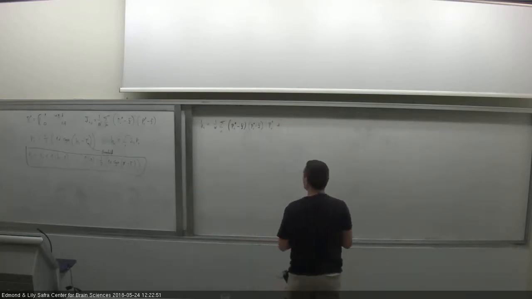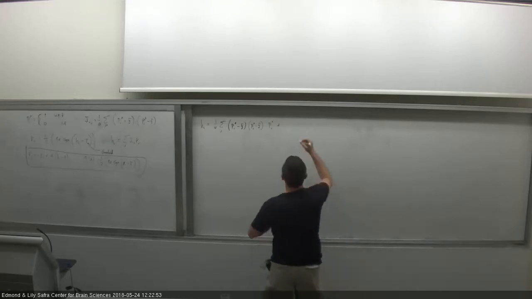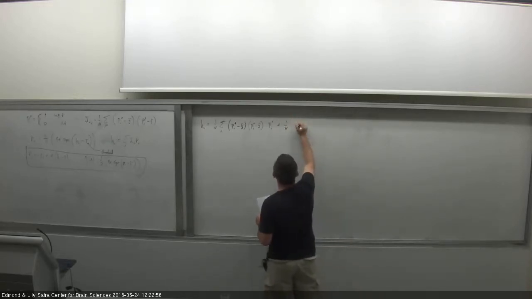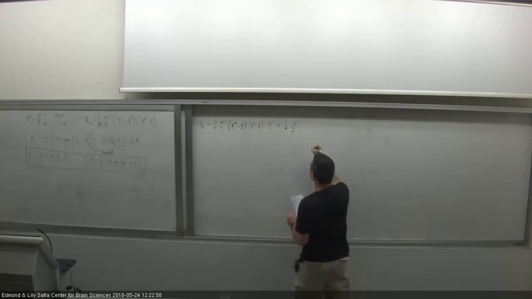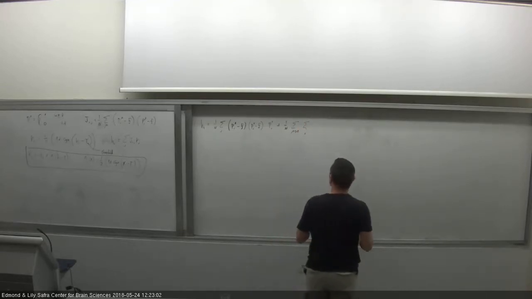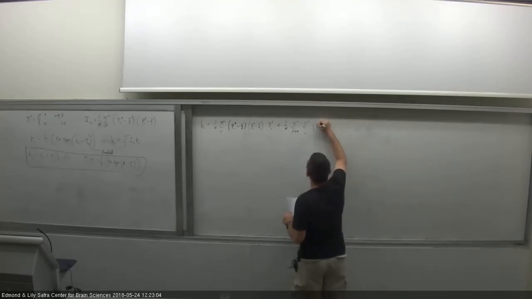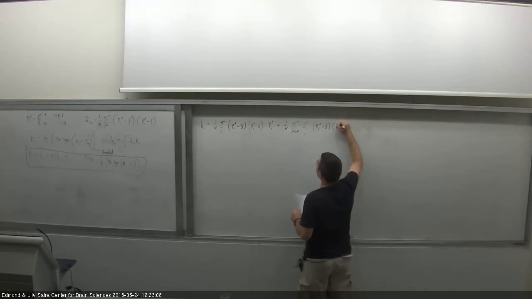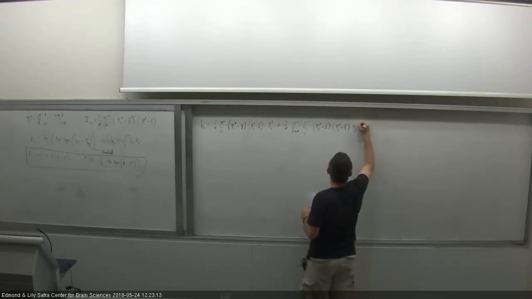Plus, we'll have 1 over n, sum over mu larger than 1, sum over j of (pi mu minus f)(pj mu minus f) pj1.